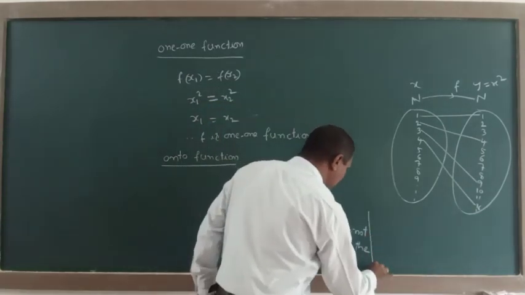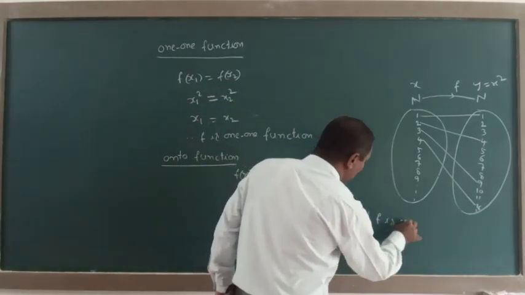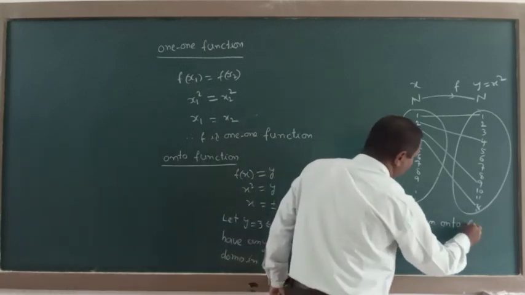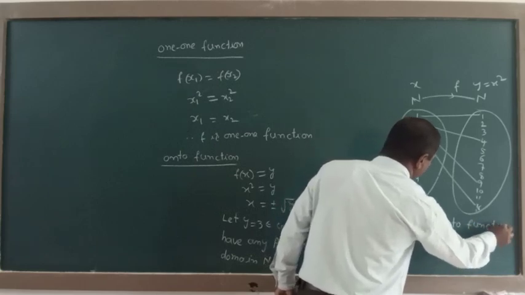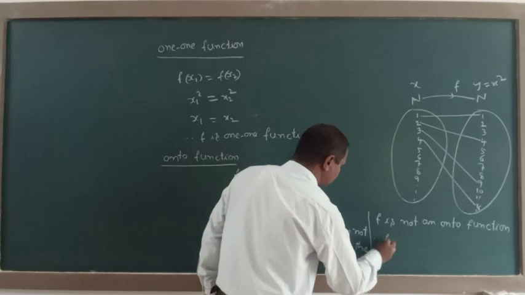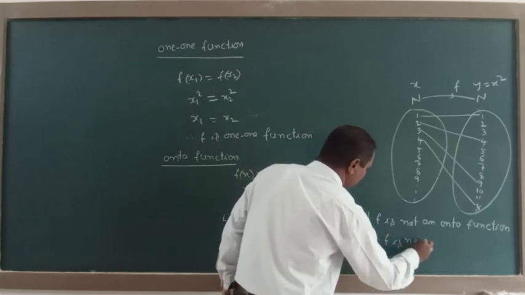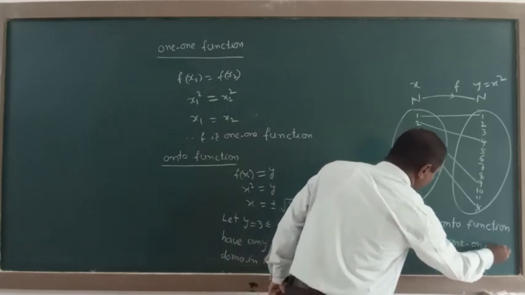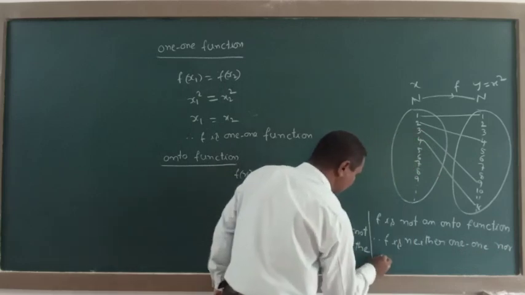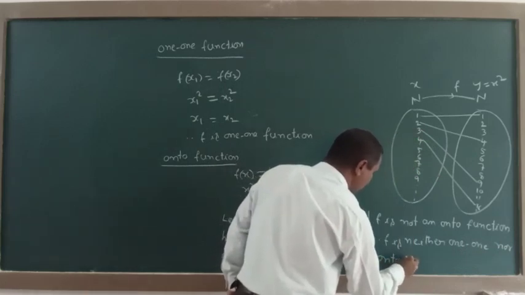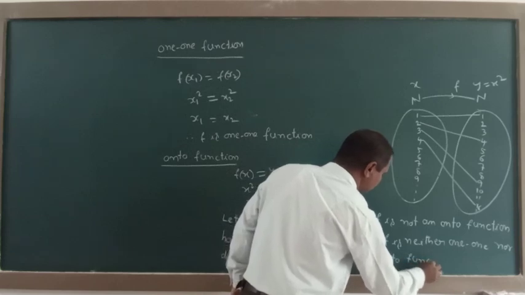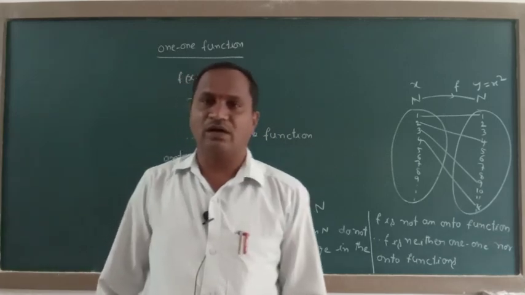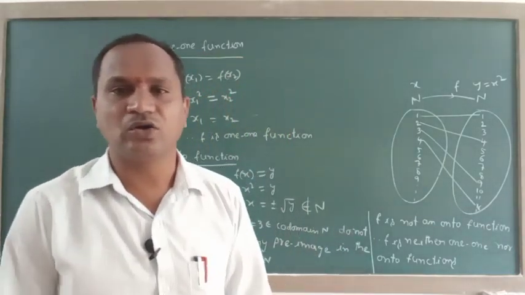Therefore, f is not an onto function. Therefore, f is neither one-one nor onto function. This is the proving or verification of one-one and onto functions.